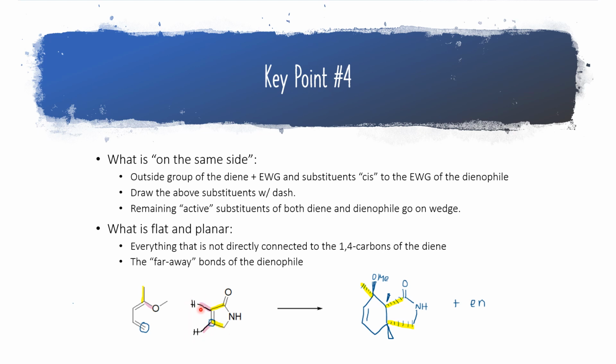Highlighted in pink, they are the active substituents that do not follow these 2 criteria. So there's the hydrogen on the wedge and the other hydrogen on the wedge. So hopefully that helps a little in these Diels-Alder reactions. So let's continue on to the rest of the questions.